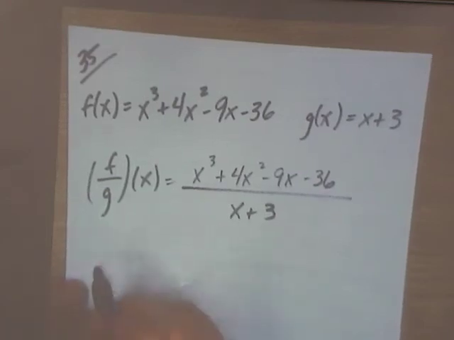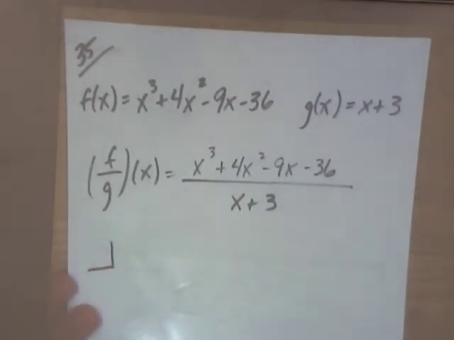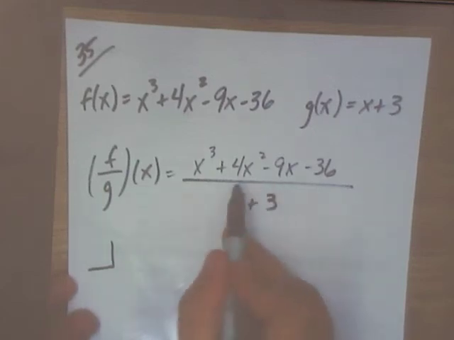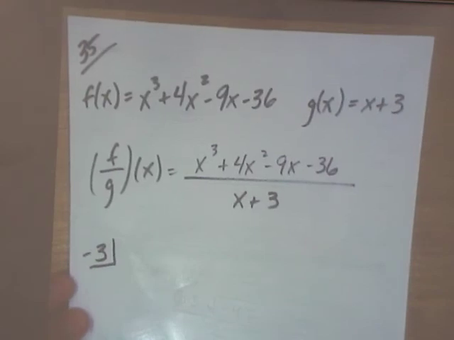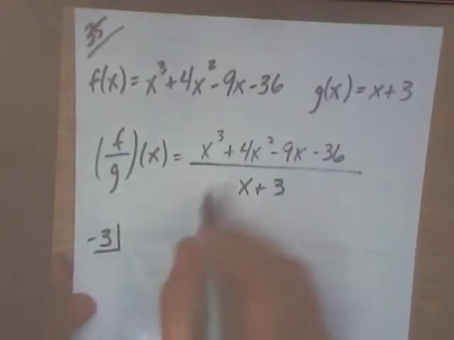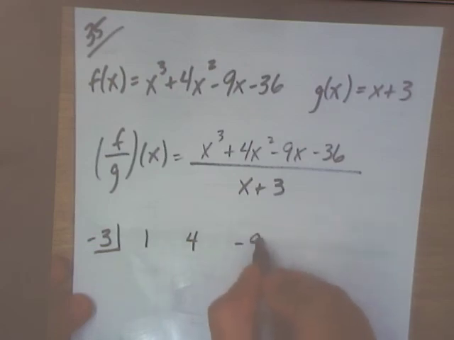So what goes in the box? Oh, 36. What makes this equal to 0? Negative 3, right? Bring down our coefficients. 1, 4, negative 9, and negative 36.